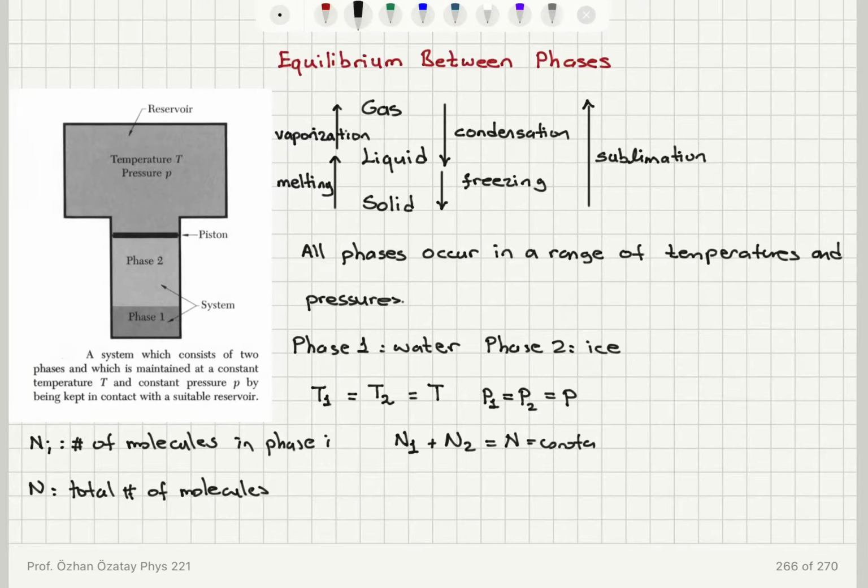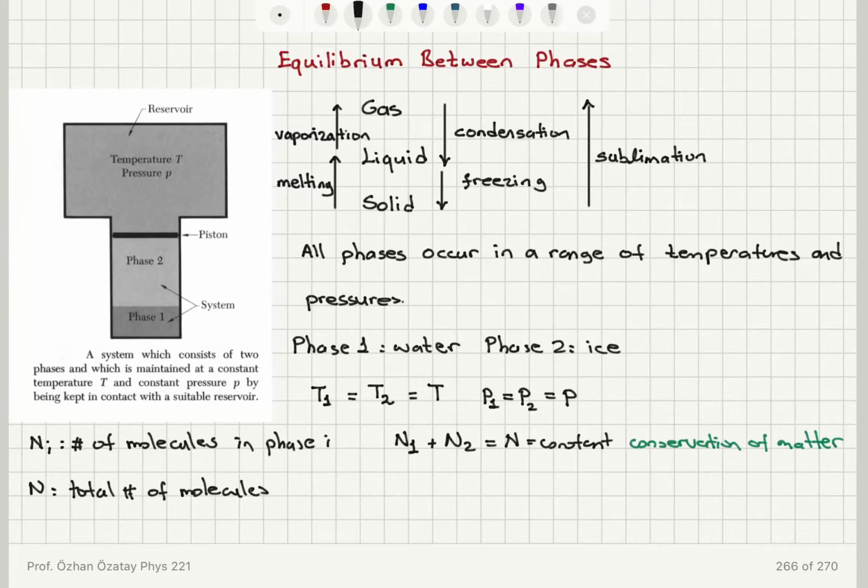Obviously I cannot have the matter disappear, so there's going to be conservation of matter in the phase transformation process. I will have the total number of molecules conserved.